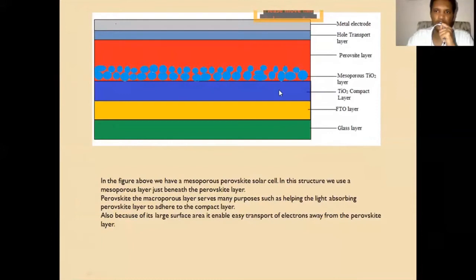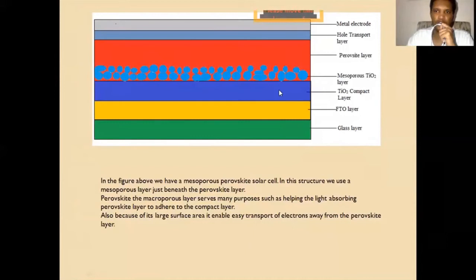It has a wide band gap, which allows light to pass through. So the TiO2 compact layer is expected to be transparent, so that when light comes through the glass layer, the compact layer does not block light, which will be used by the perovskite layer to convert light to electricity.